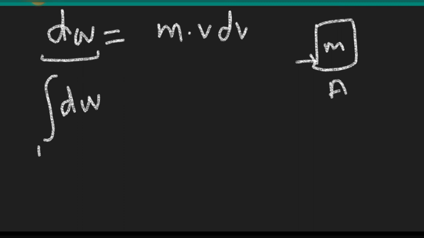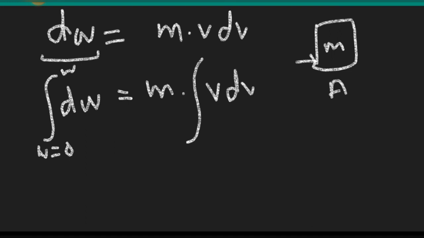from W equals 0 to W equals W, the full work W, which is equal to m. We can integrate how much change in velocity has occurred, so we integrate v dv from velocity u to v, where u is the initial velocity and v is the final velocity.